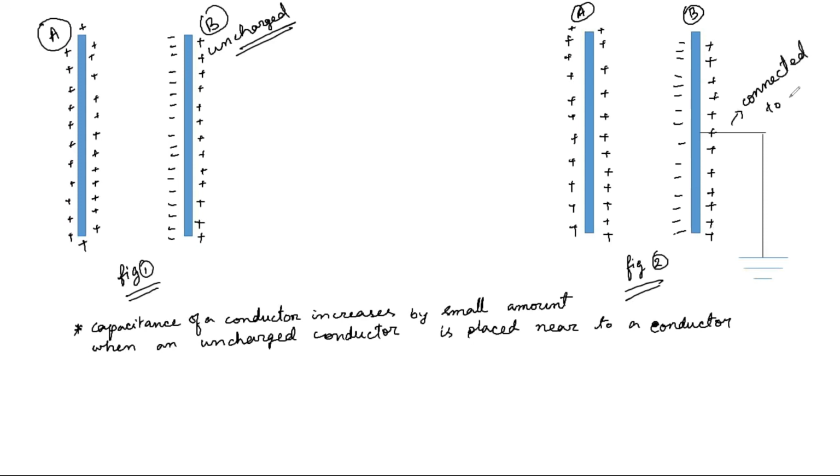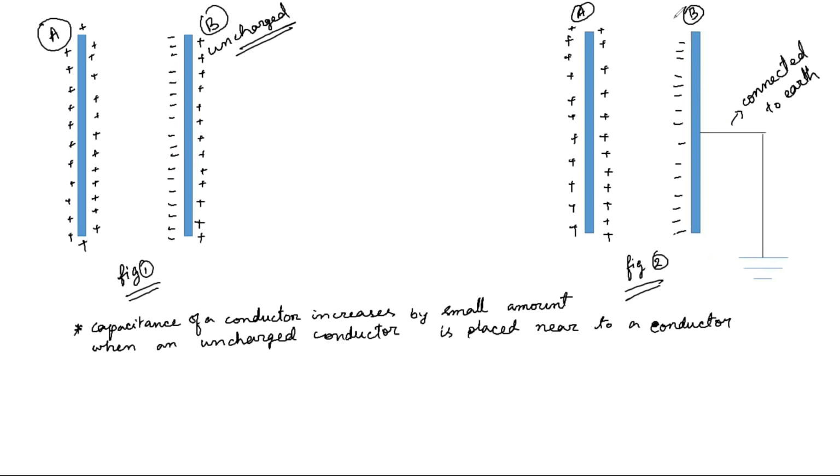So when we connect the outer face of plate B to Earth, what will happen? All this positive charge will be removed, because electrons are going to flow, and it is going to make plate B totally negatively charged.